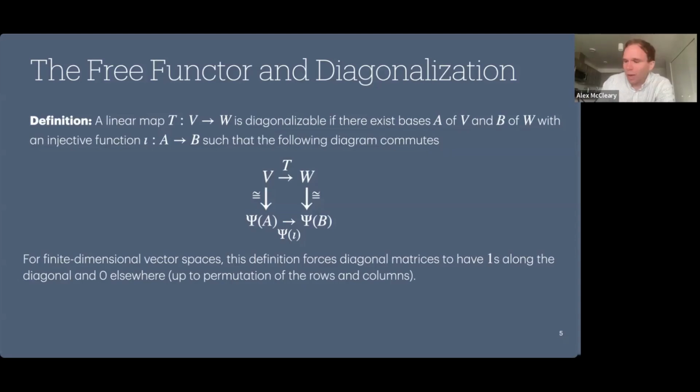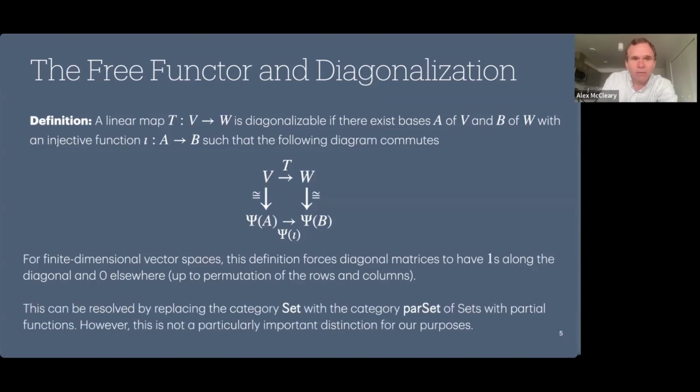So the matrices are always going to have ones along the diagonal and zeros elsewhere, up to permutation of the rows and columns. So we're forcing ones along the diagonal, whereas in linear algebra, you typically allow zeros along the diagonal in a diagonal matrix. However, this point is not very significant.